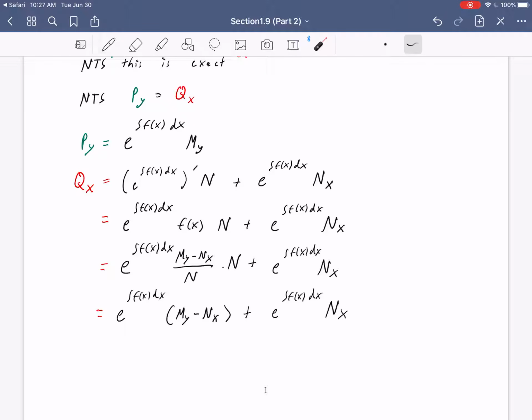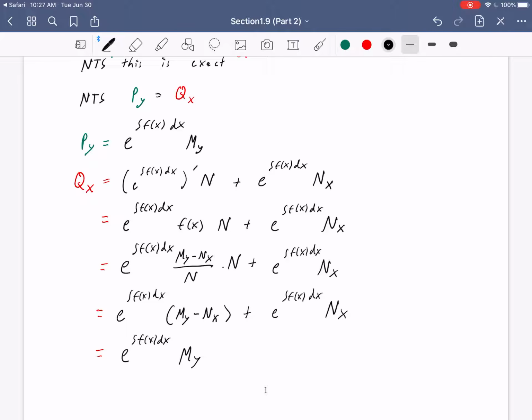Okay, should be pretty clear that if we distribute this on here, then we'll have a negative N_x e^(integral f(x) dx), and of course we have a positive, so this will cancel with that, and we'll just be left with this component here, which would give us that this is equal to e^(integral f(x) dx) times M_y. What do we notice about that? Well, after all of that simplification, we get that the partial with respect to x of Q is equal to this. That's also what we originally had there.